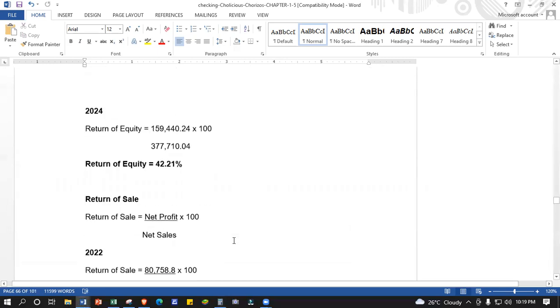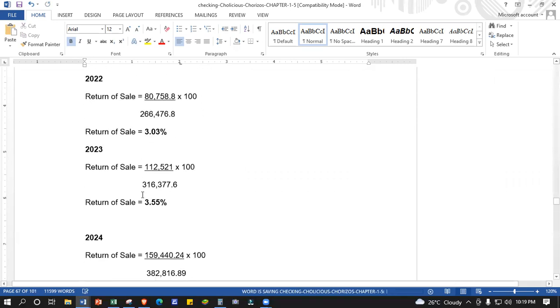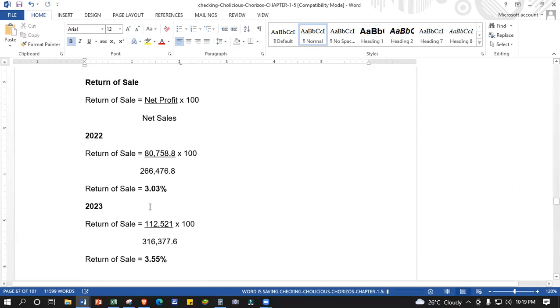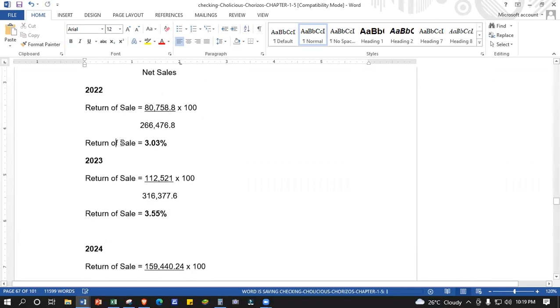Okay. Return on equity is also a percentage. Return on sale. Net profit. There, return on sale. This one is okay. Please check return on sale.